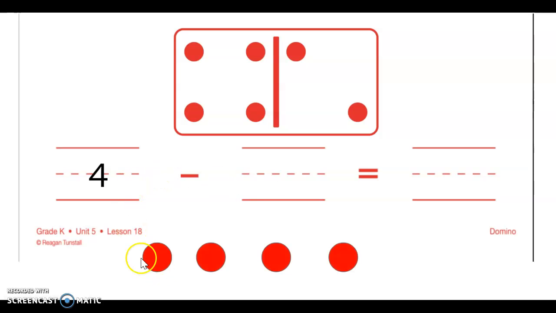So I went ahead and added my 4 counters, and now I'm going to put the number 2 here because that's my smaller number. Now my number sentence says 4 minus 2. How many counters do I need to take away? I need to take away 2, so let's take away 2. 1, 2. Why did I take away 2?